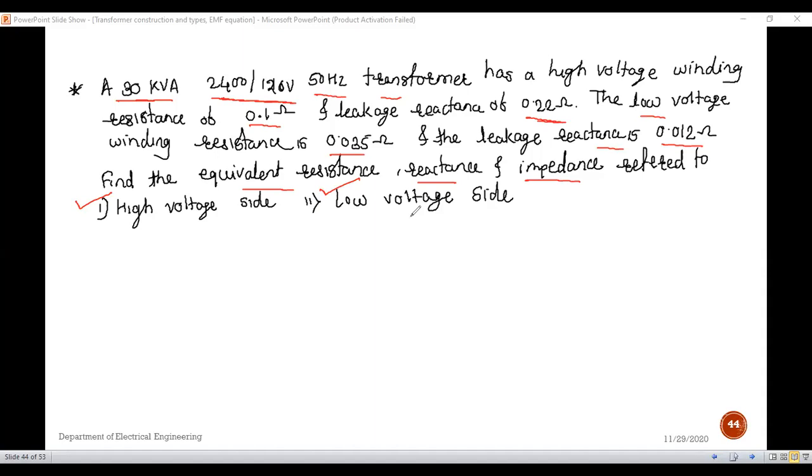Primary. बघा, व्होल्टेज वरून लक्षात येईल तुमच्या, इथं रेशो दिलेला आहे, V1 बाय V2 दिलेला आहे. दॅट मीन 2400 व्होल्ट आहे V1, 120 व्होल्ट आहे V2. हे हाय व्होल्टेज आहे का लो व्होल्टेज आहे? पहिलं हाय, सेकंड वन लो व्होल्टेज, म्हणजे हे 2400 आहे, 120 आहे. सो हाय व्होल्टेज साइड फर्स्ट वन आणि लो व्होल्टेज साइड सेकंड वन. That means here high voltage side, meaning of that is nothing but primary side, referred to primary side. Low voltage side, meaning of that is nothing but refer to secondary side, right?